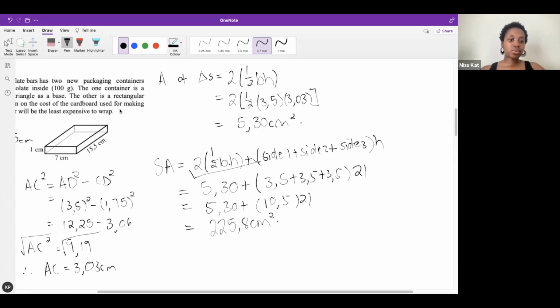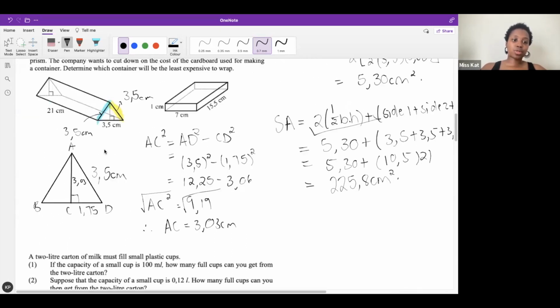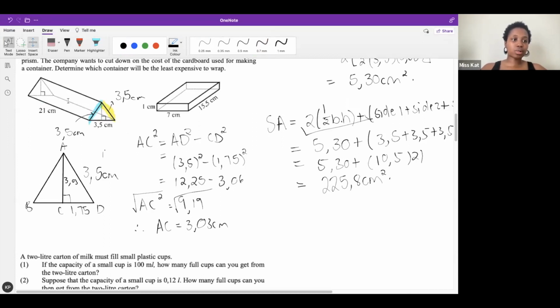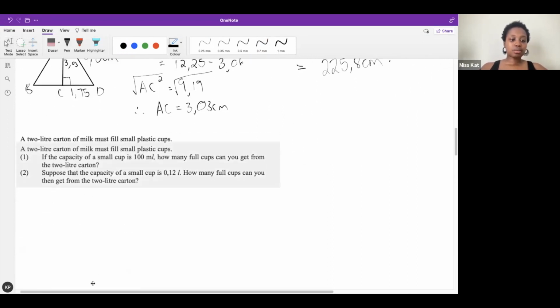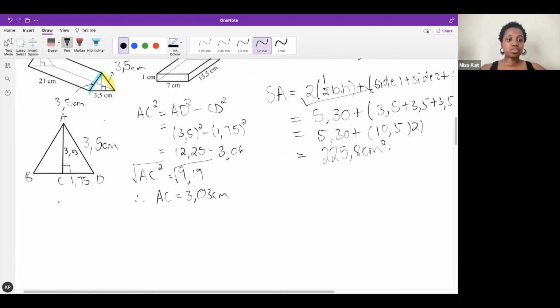And then we have to work out the surface area of the rectangular prism. I'm going to move this one down to make some space for us. For the rectangular prism, we have surface area equals 2 length times breadth plus 2 breadth times height plus 2 length times height.